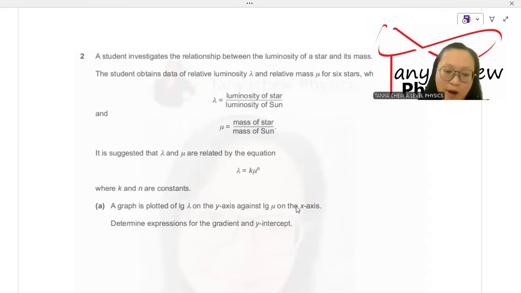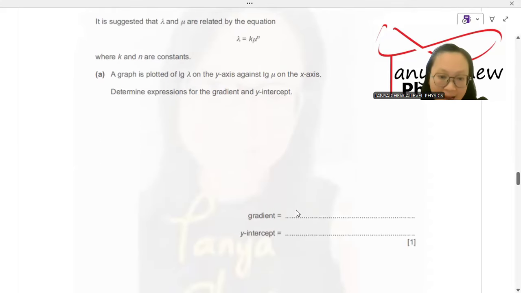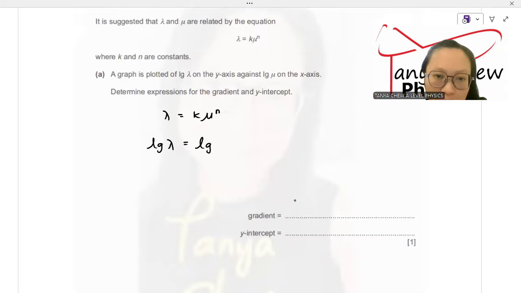Now, since they told us that this is a log graph, from the equation given you have to do some modification, mu to the power of n. So I'm going to log both sides. Log lambda is equal to log k plus n log mu. Do you see that?